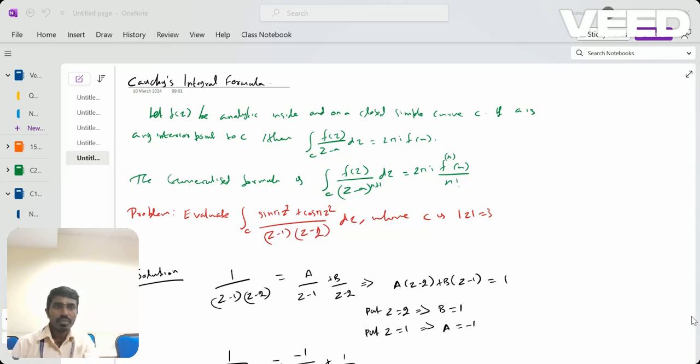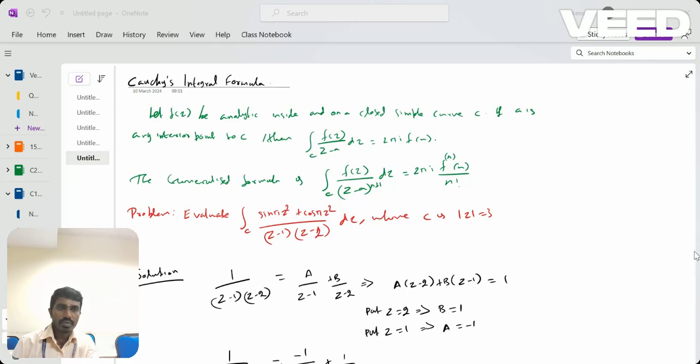Now let f(z) equal sin pi z square plus cos pi z square, the numerator, because the integral formula says the integral over C of f(z) dz by (z minus a). So for the first integral a is 1, and for the second integral a is 2.